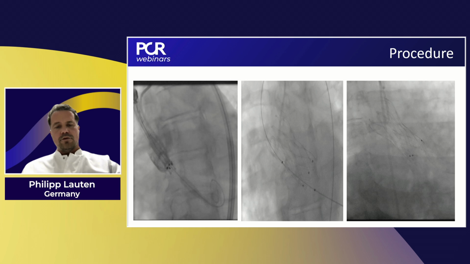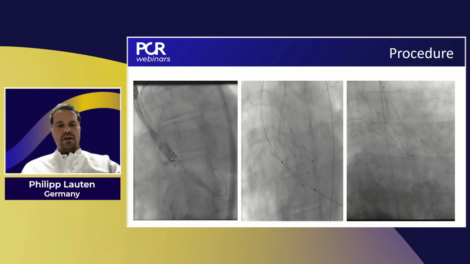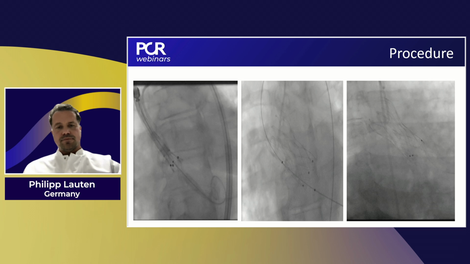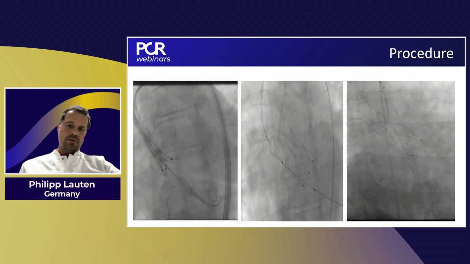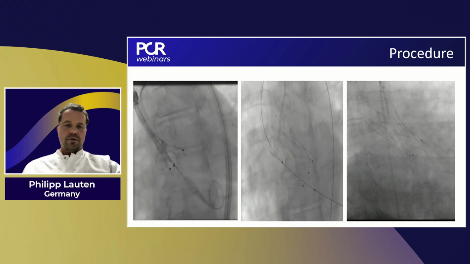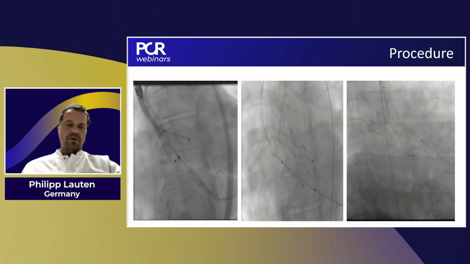You do it very slowly. You develop the valve very slowly with resheathing the capsule on the guide sheath. You see the marker spots. There are 3 marker spots. You see one on the nose cone, but not on the nose cone, on the valve bearing device. You do it very slowly.